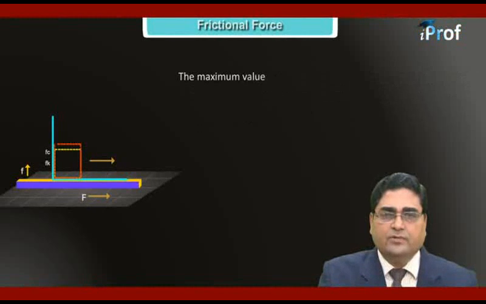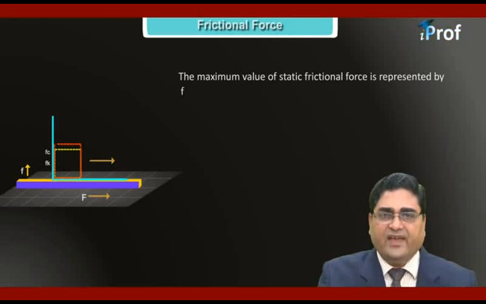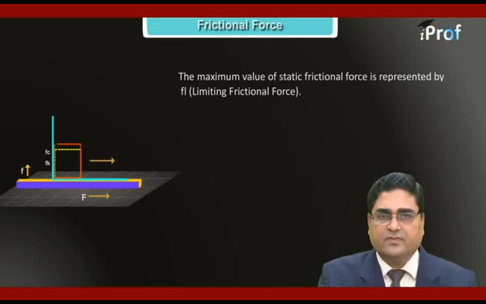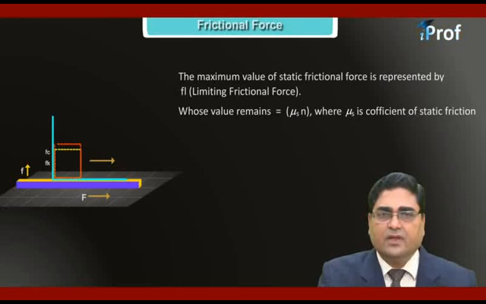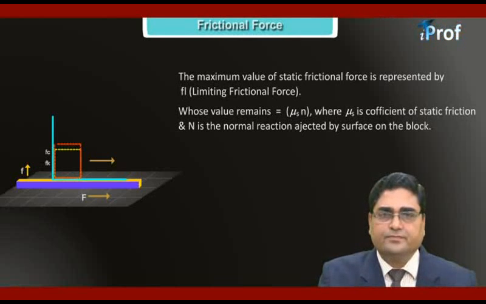The maximum value of static frictional force is represented by f_L, where f_L means limiting frictional force, whose value is equal to μs times N, where μs is the coefficient of static friction and capital N is the normal reaction exerted by the surface on the block.